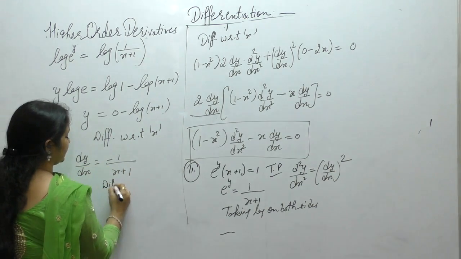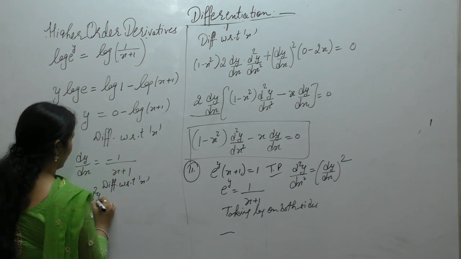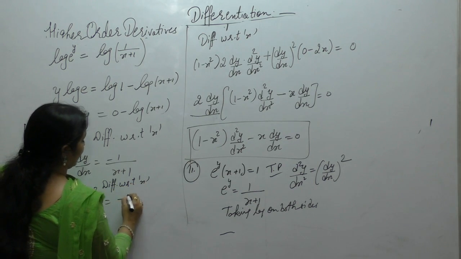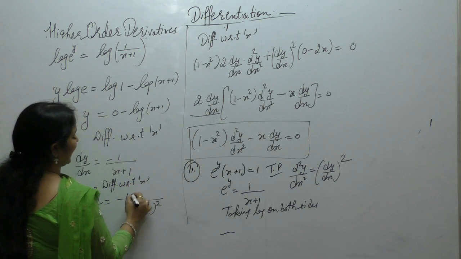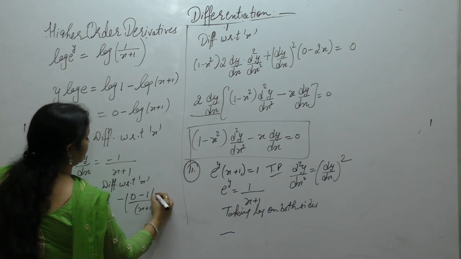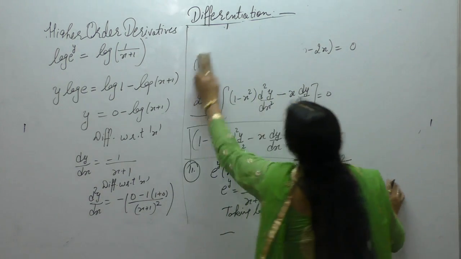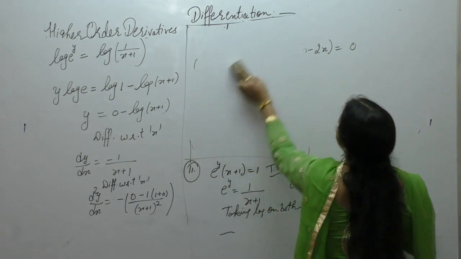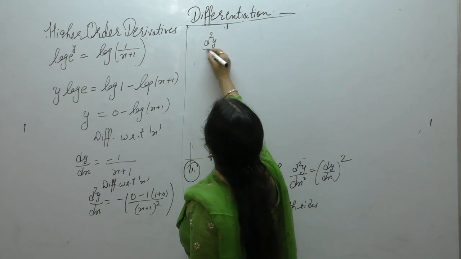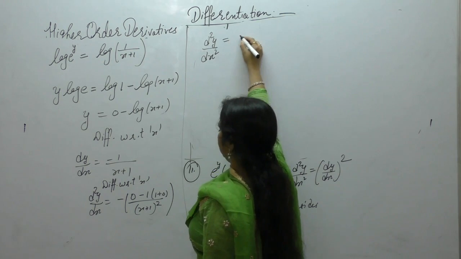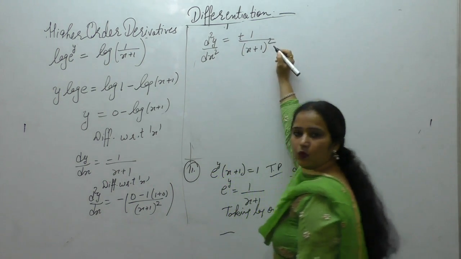Now again differentiate with respect to x. What we get? d square y upon dx square is minus, x plus 1 whole square, u dash v minus u into v dash. So we are left with d square y upon dx square is equal to minus minus plus 1 upon x plus 1 whole square.